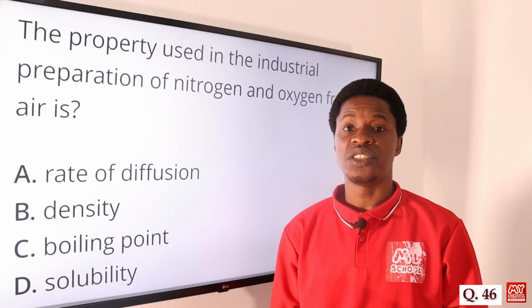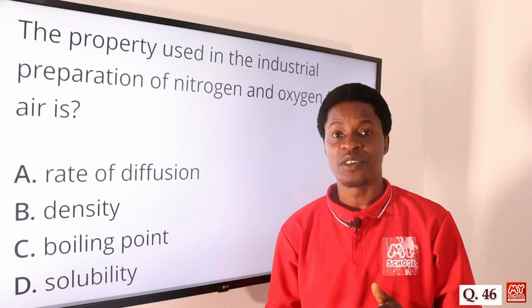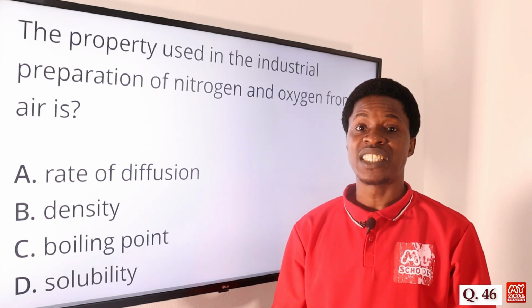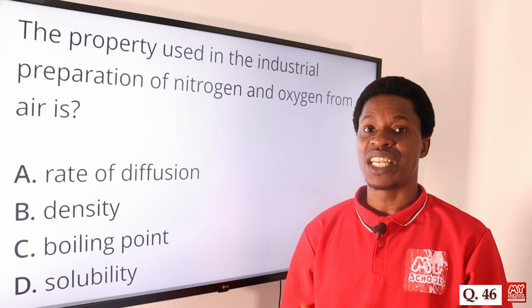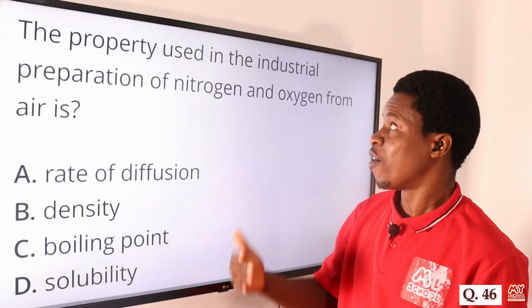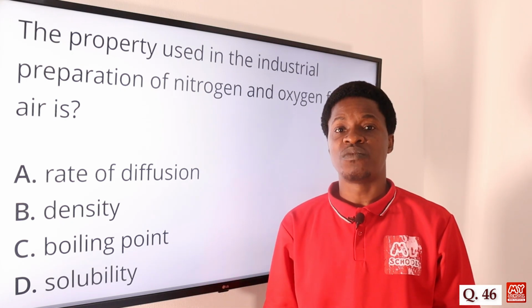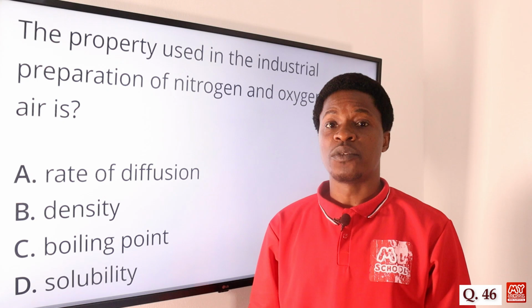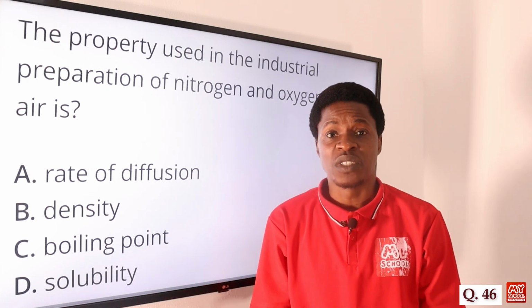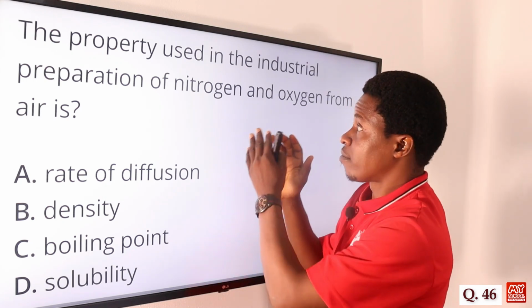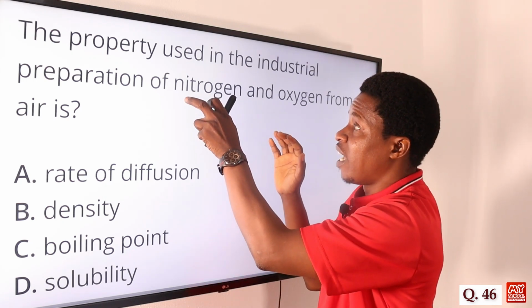The separation is usually done by fractional distillation. The first process is to liquefy the gas. We say liquefaction of air. When you liquefy it, as the temperature begins to reduce and the pressure increases, it cools down. You are then able to separate the different gases.